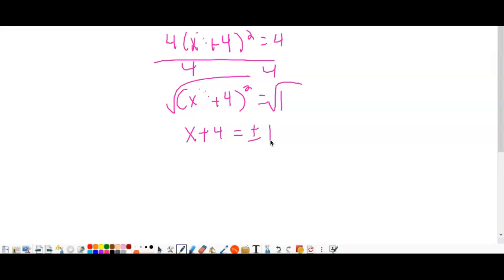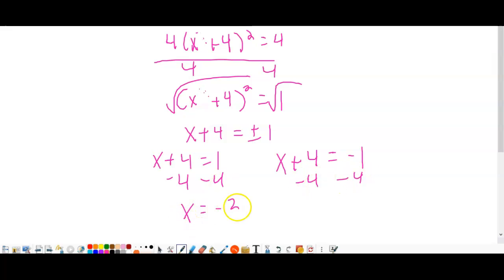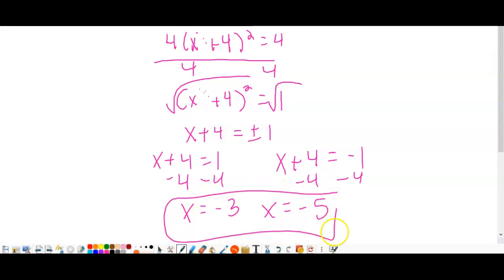And then you can split it. So it's x plus 4 equals positive 1. And x plus 4 equals negative 1. Subtracting 4 from both sides, we get x equals negative 3, and x is equal to negative 5.